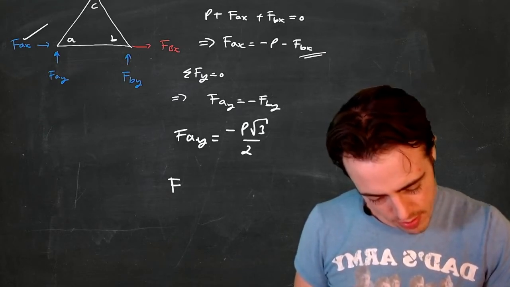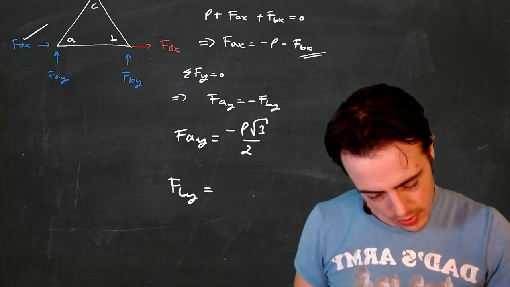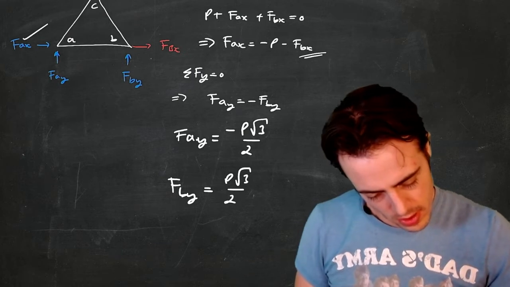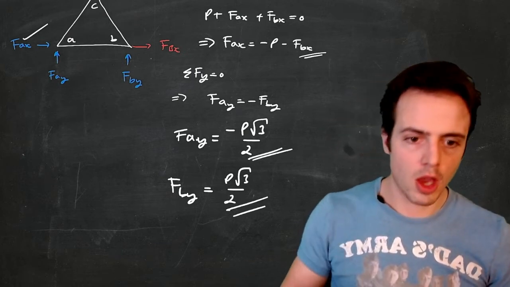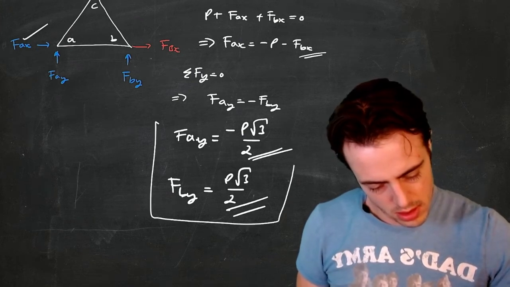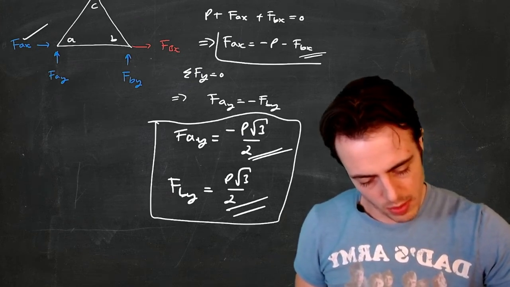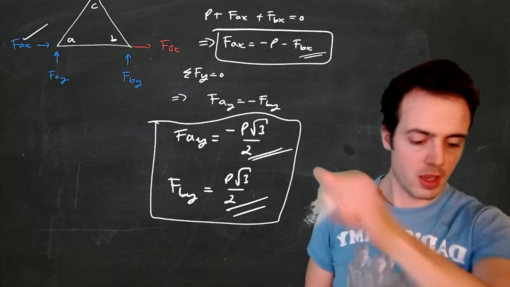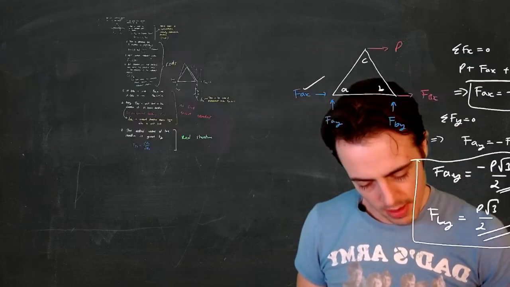And then FBY was equal to P root 3 on 2. So we've got our three terms for the free body diagram. Let me bring that one there and that one there. So actually these two are the same. This one has changed. We then need to look at the method of joints.